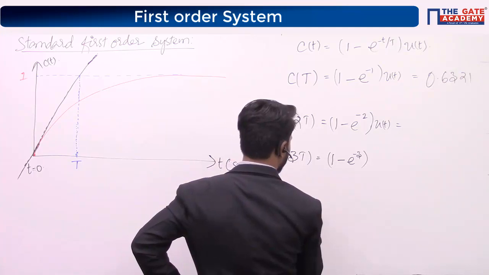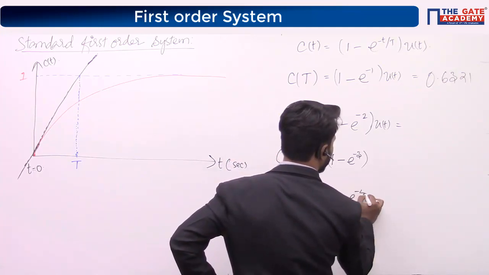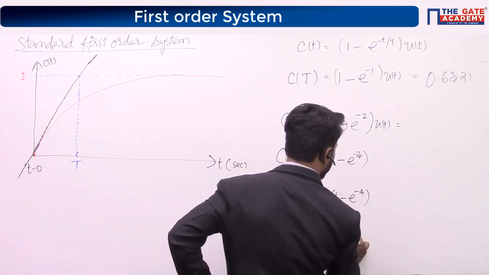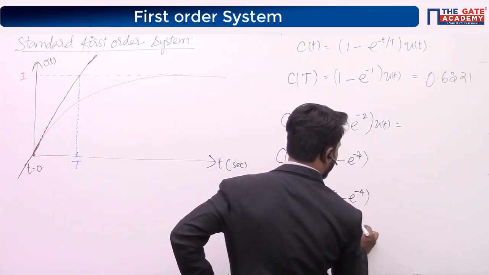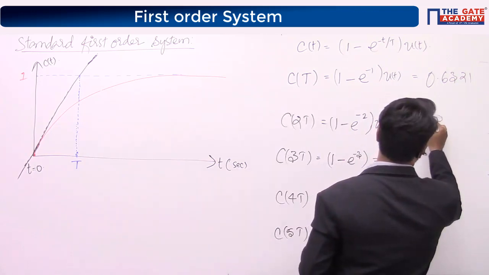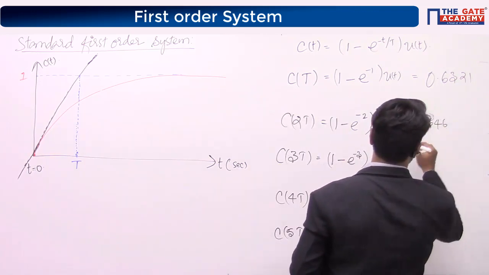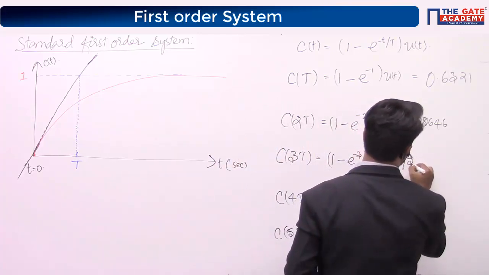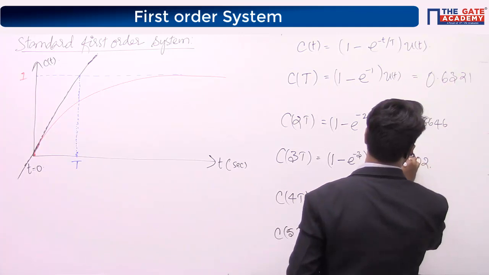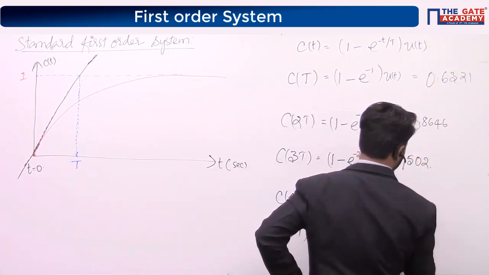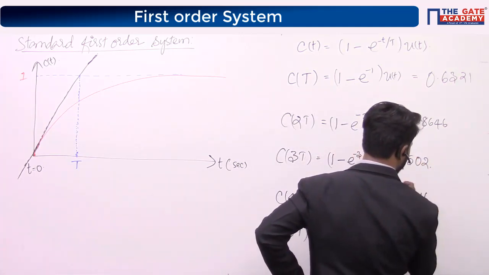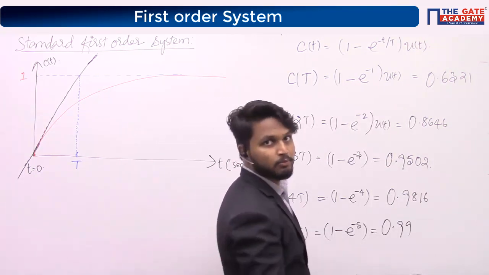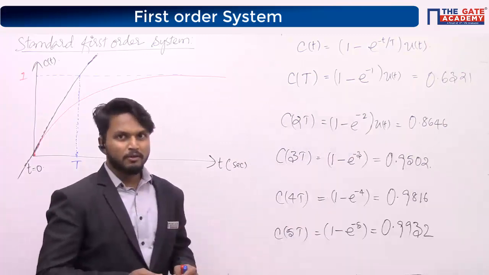C of 4T, 1 minus e power minus 4. C of 5T is equal to 1 minus e power minus 5. The values are 0.8646, 0.9502, 0.9816, and 0.9932. Very good.